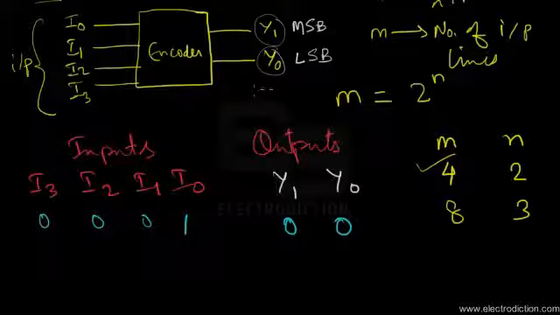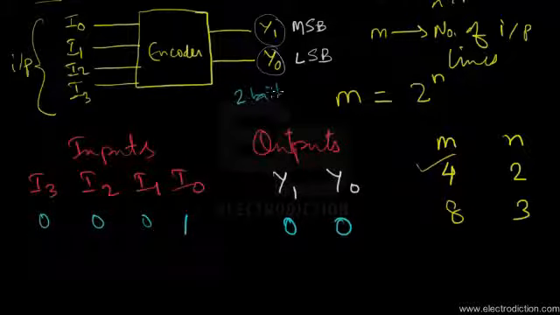So let's just come back to the encoder operation again. Where we left our discussion is that our encoder over here, since it has 2 output lines, can output a maximum of 2-bit binary code. So the output binary code would have a maximum of 2 bits.